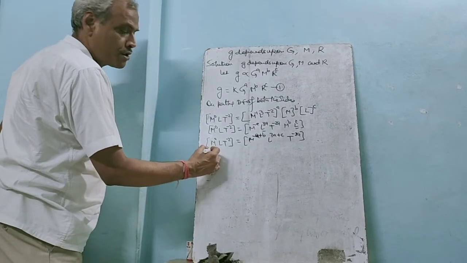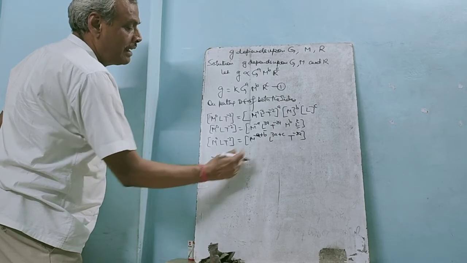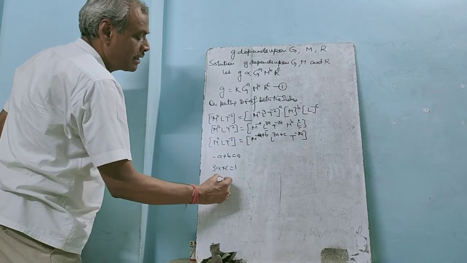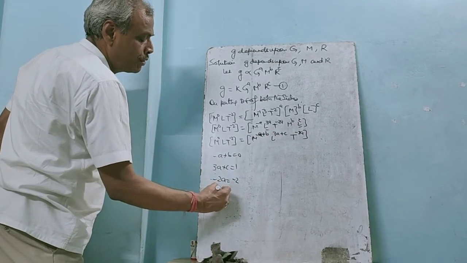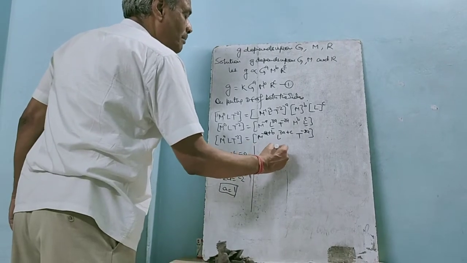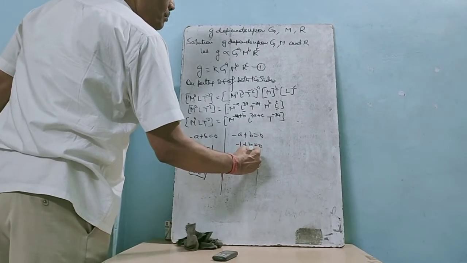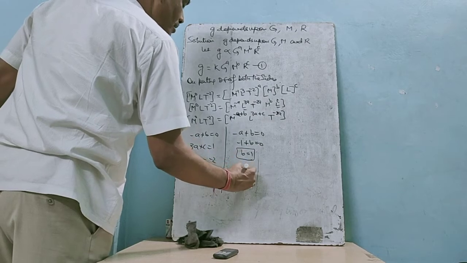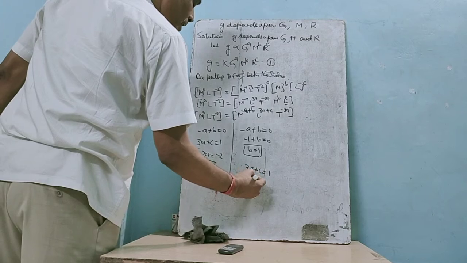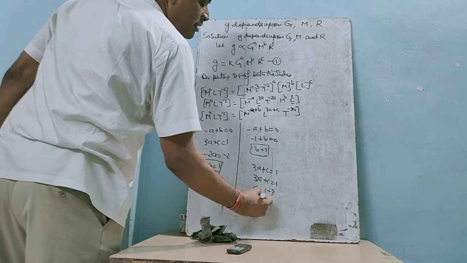On comparing the dimensions on both the sides, minus a plus b equals 0, 3a plus c equals 1, and minus 2a equals minus 2, so a equals 1. Then minus 1 plus b equals 0, so b equals 1. And 3 into 1 plus c equals 1, so c equals 1 minus 3, which is minus 2.